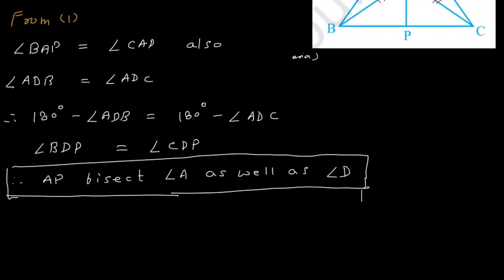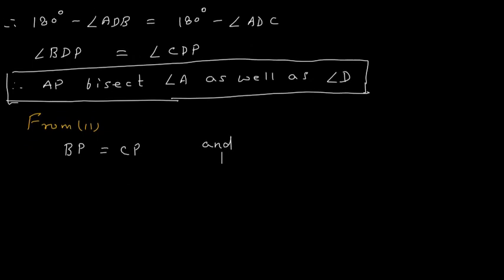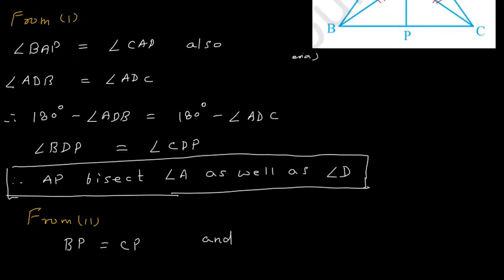So from equation 2, in the same way I will say that from 2, what we have done, from 2 we have BP equal to CP and angle APB is equal to angle APC.